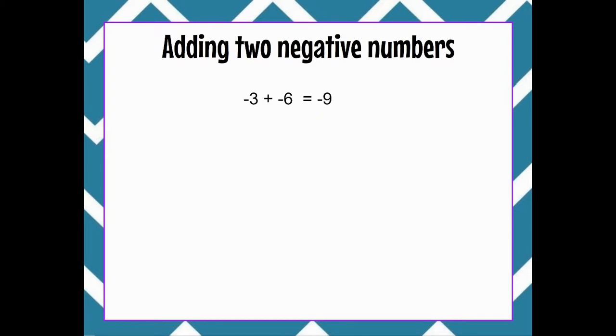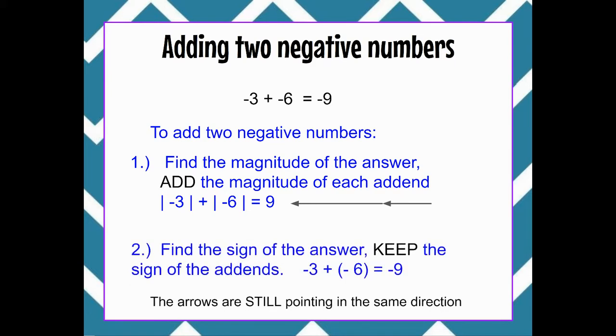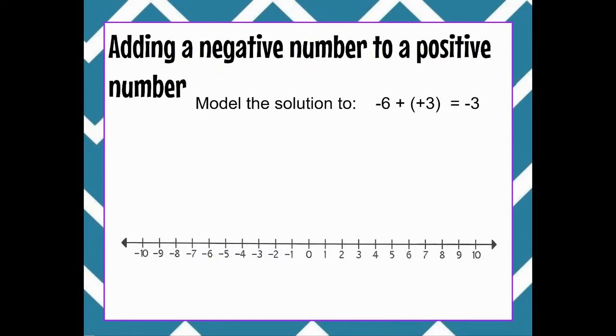To add two negative numbers, you find the magnitude by adding the absolute values of each of the numbers you're adding. Then you take the sign of the numbers that you're adding, because all of the arrows are pointing in the same direction.